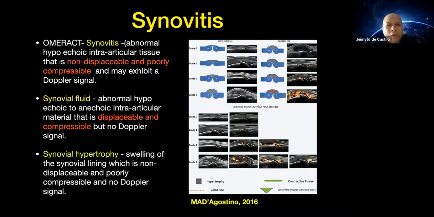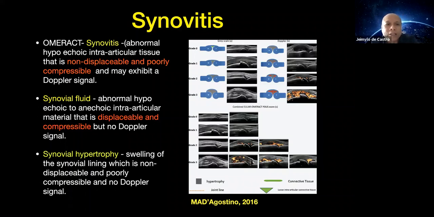How about a synovial fluid? A synovial fluid usually is hypoechoic to anechoic intra-articular material, and this is basically very displaceable, very compressible, but there is no Doppler signal. So that is how you can differentiate the synovitis. How about hypertrophy? Hypertrophy is just a swelling of the synovial lining, but this is also non-displaceable and poorly compressible and no Doppler signal.